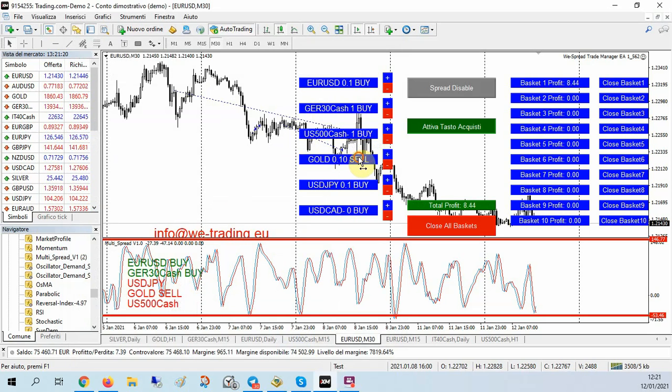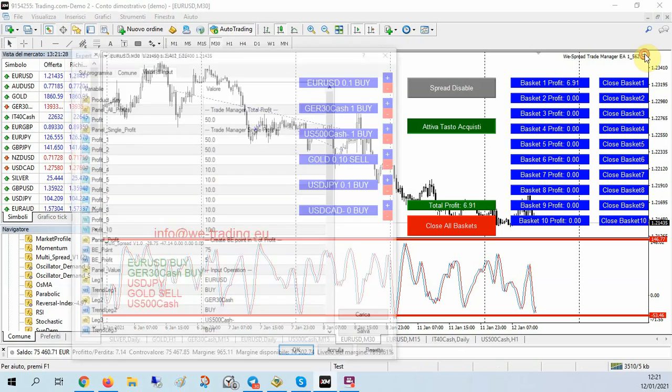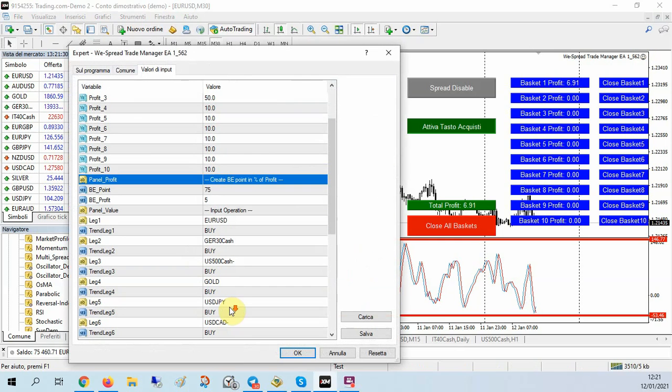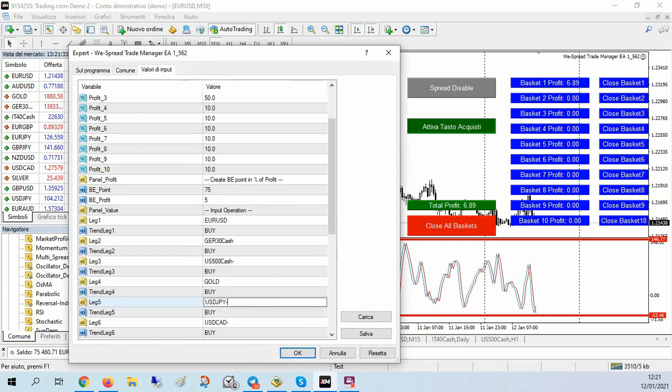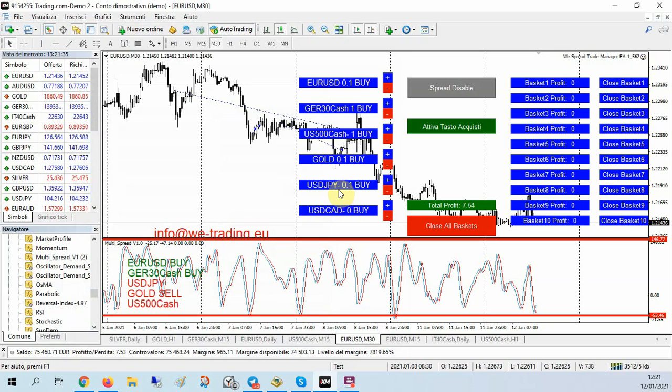We just need to click to change from buy to sell, sell to buy. Dollar yen nothing, so we go back on dollar yen and we will add a route name. So again, buy, and sell, and we can open the basket.